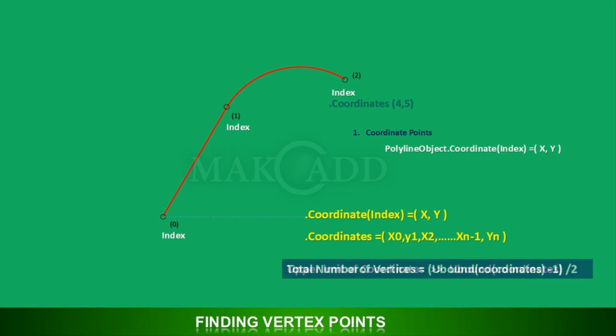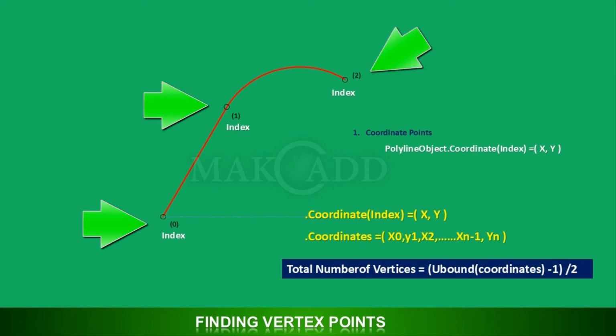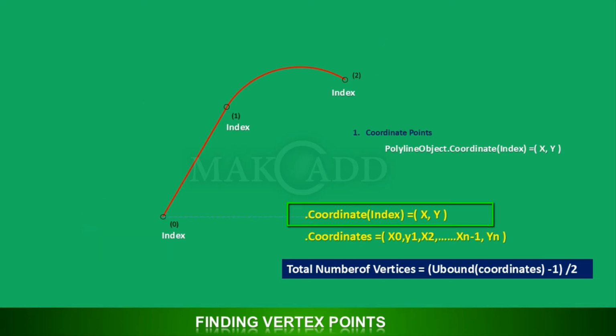So 5 minus 1 divided by 2 will be the index number of the last vertex. The first vertex is 0, then the second vertex is 1, then the third vertex will be 2. This is the index number of the vertex, not the index number of the coordinates.